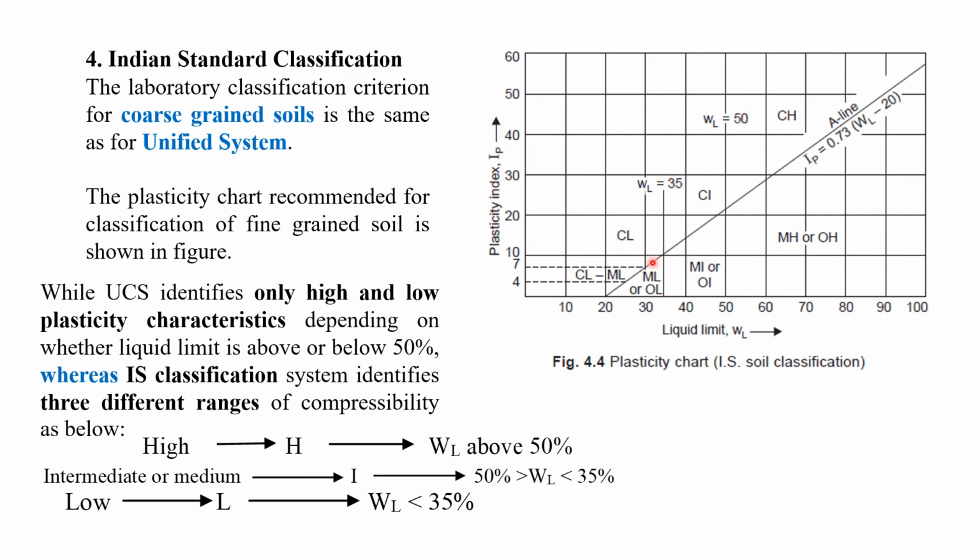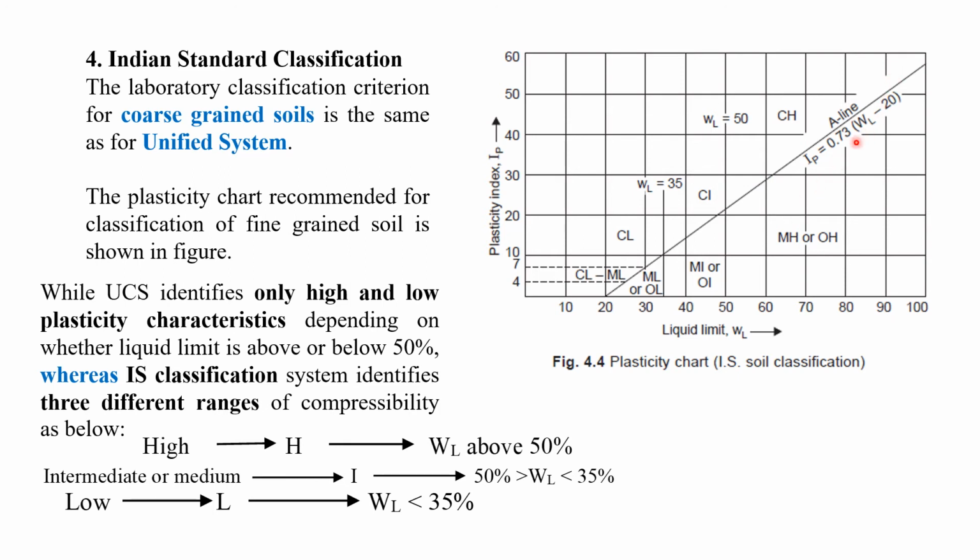So less than 35% is called low plastic soil. In between 35% and 50% it's called intermediate soil or medium plastic soil, right? More than 50% is high plastic soil, right? So you can see 3 categories: less than 35%, in between 35 and 50, and more than 50. So 2 vertical lines and this A line.